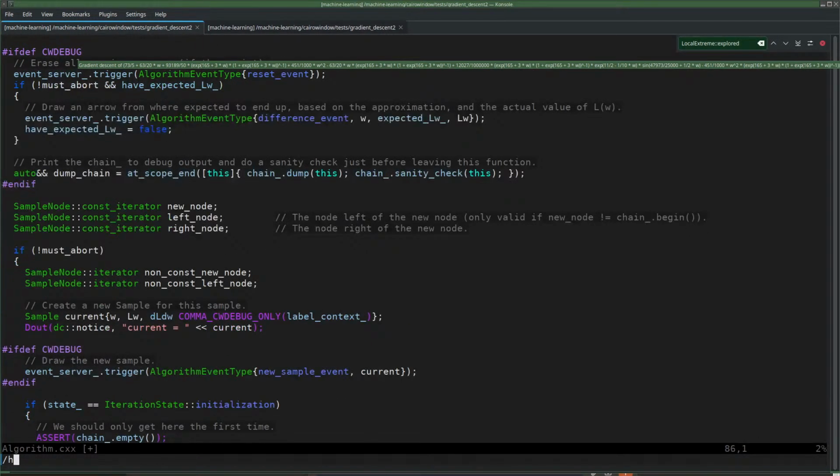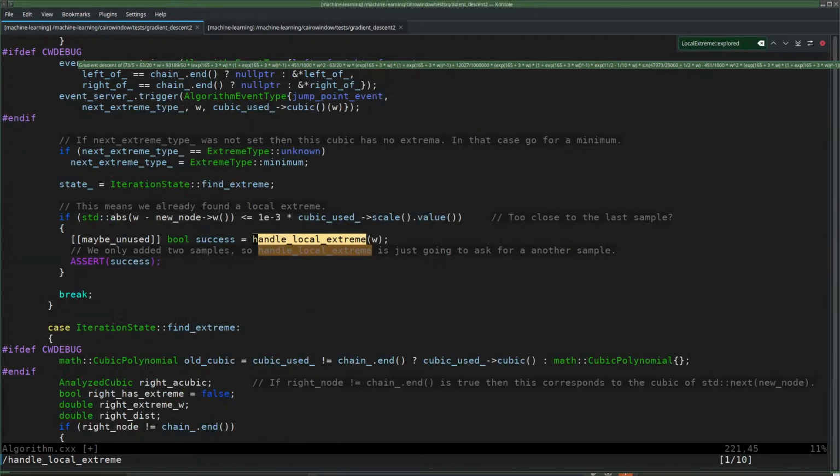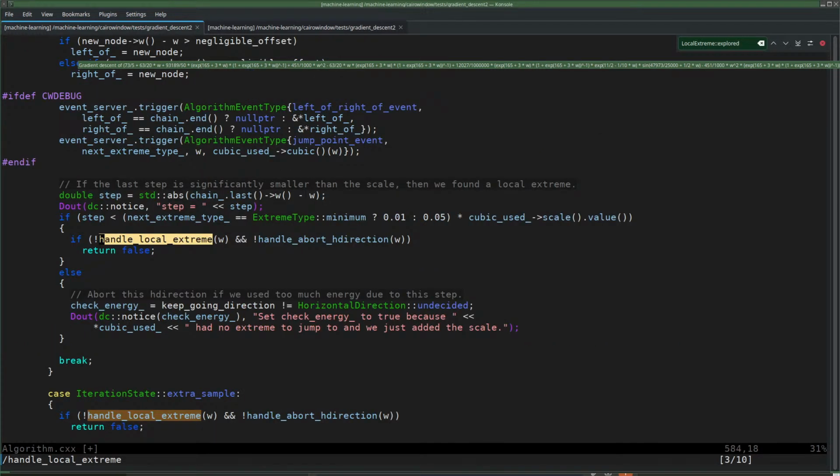So this happens from a call to handle local extreme. Not that one. No, it's after a call to abort. See? Yeah, yeah. So I should return true here, otherwise we return false.